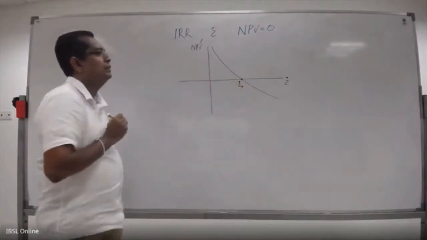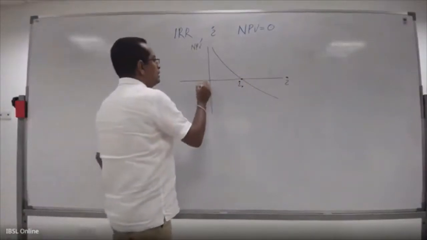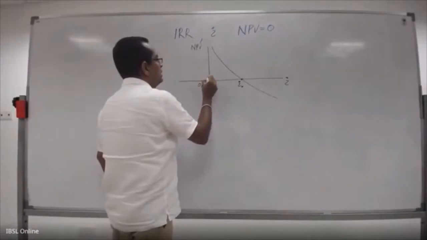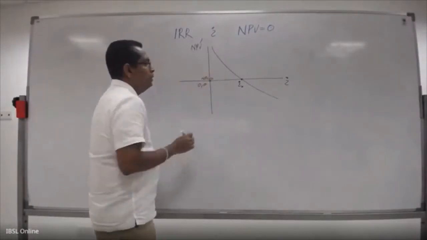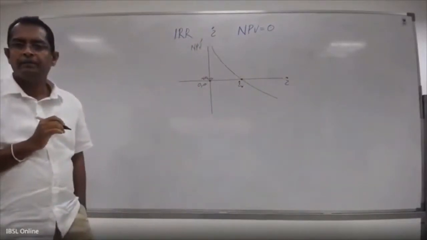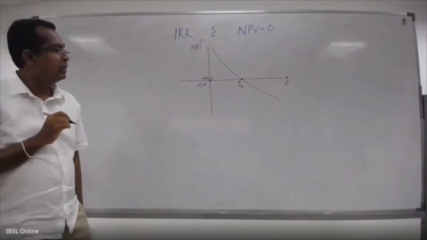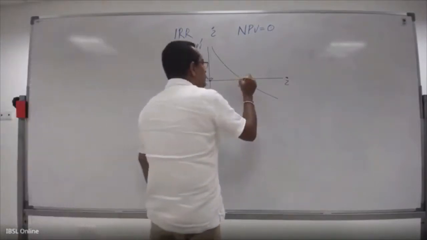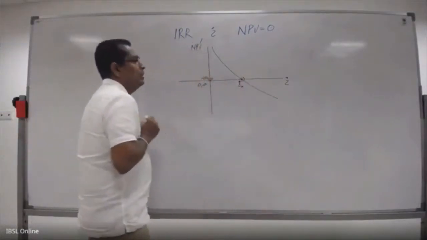Where? This point here, NPV equals 0. This line represents 0 NPV. So our aim is to find out this rate.